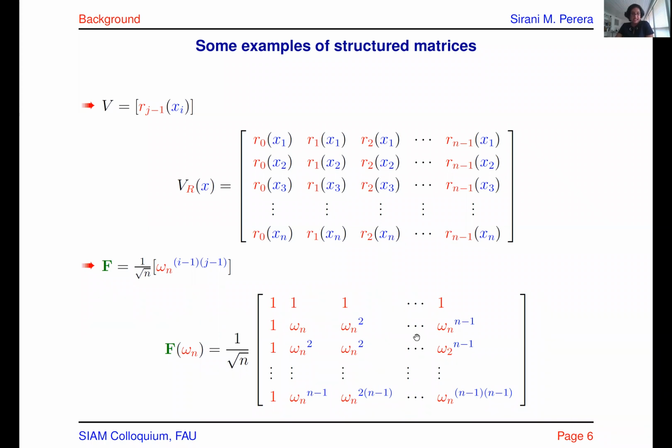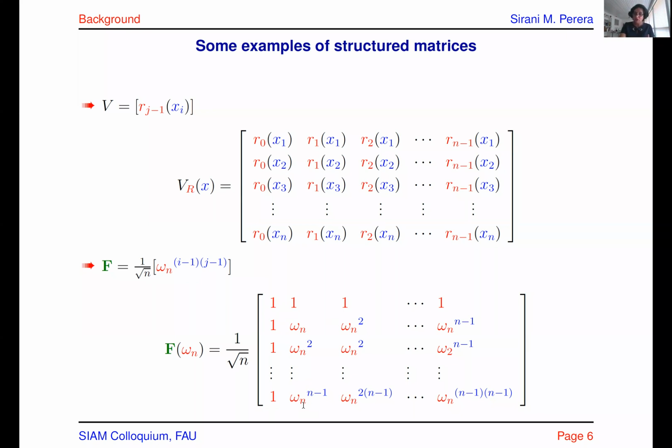What you could see here is the discrete Fourier transform, which can also be seen as having the Vandermonde structure. You might not see it with the polynomial Vandermonde matrix, but this has a structure similar to the classical Vandermonde matrix. It's a Vandermonde type matrix, where the nodes represented by the second column are the primitive nth roots of unity.